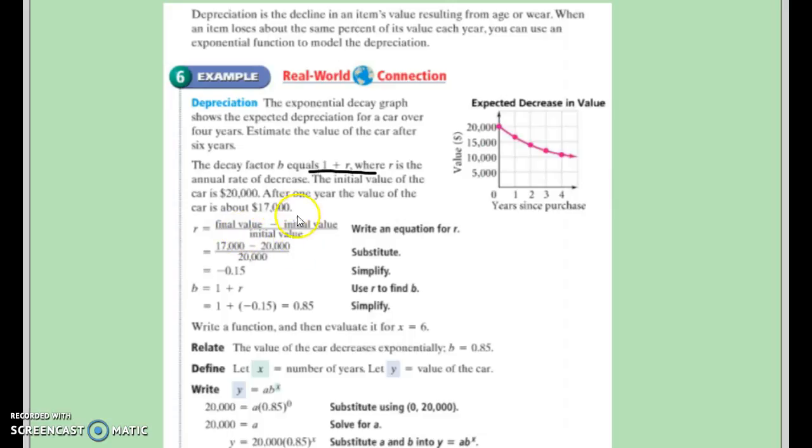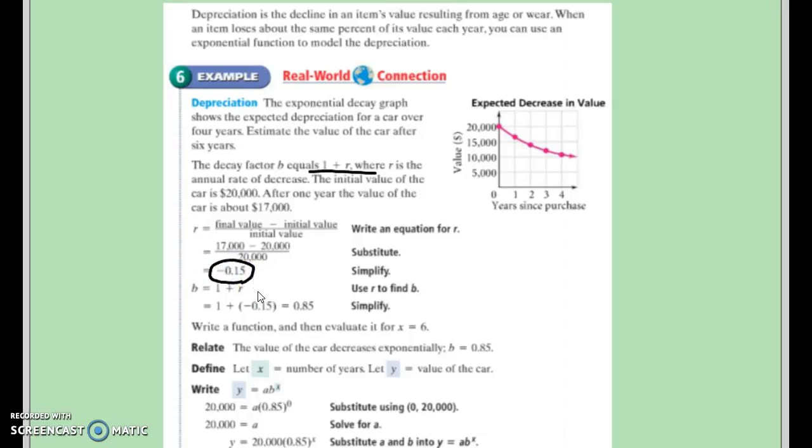So what I do is I go ahead and find my depreciation factor. Okay, so I know that in that first year I lost $3,000, and I have to divide that by what it was totally worth the whole time. So I take my final value minus my initial value over the initial value. That gives me this beautiful negative 0.15.